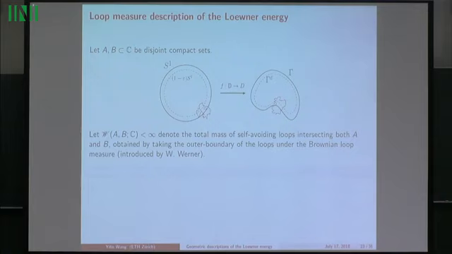Usually people call it Werner's measure. And as Wendelin has mentioned already today, it is a unique family of self-avoiding loops defined on all Riemann surfaces, satisfying conformal restriction and conformal invariance. So they are very natural objects to use to study properties on Riemann surfaces.